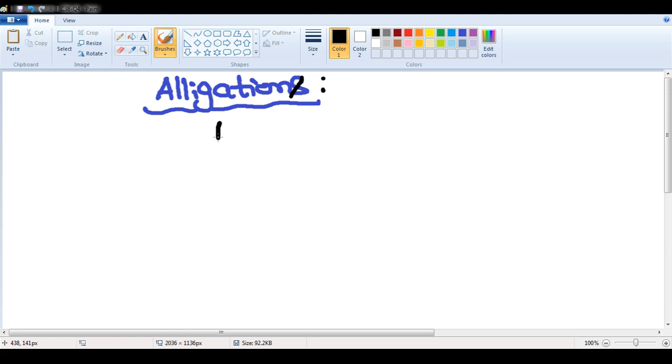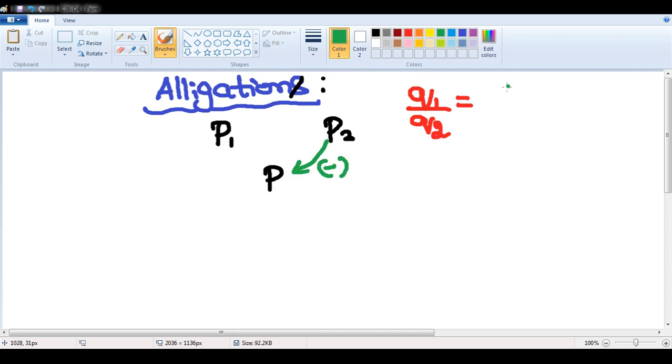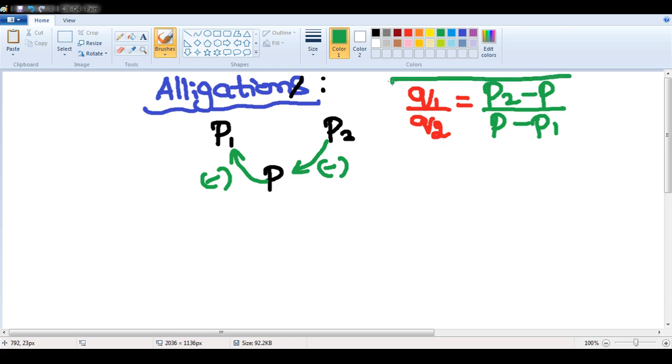I'll just tell that the price of the first product is P1, the price of the second product is P2, average price is P. Suppose if I want to find in what ratio the two quantities are mixed, Q1 by Q2 ratio, this is given by P2 minus P divided by P minus P1.